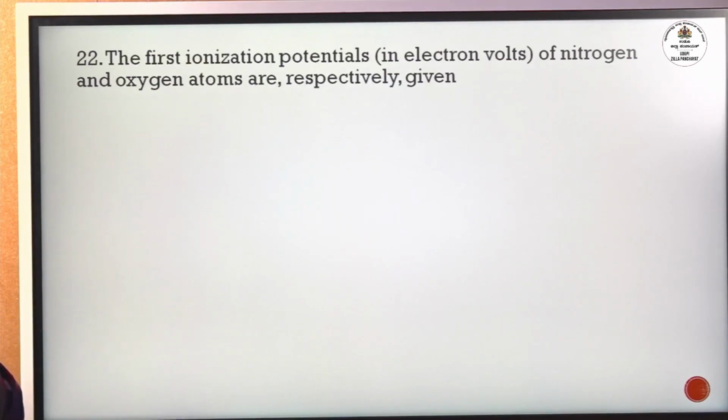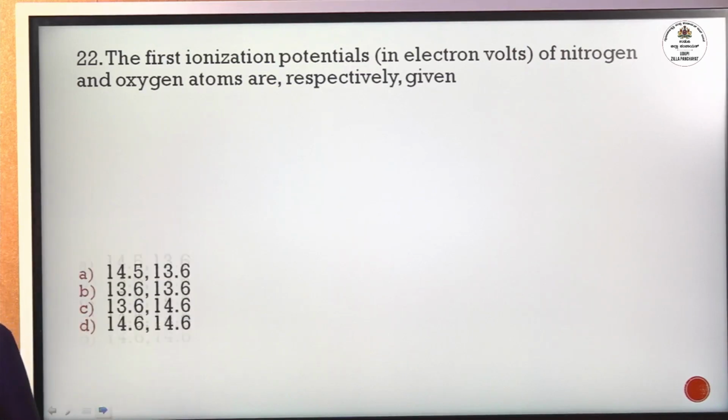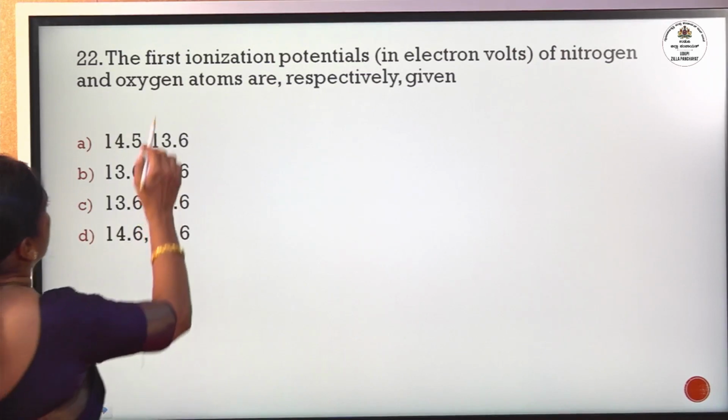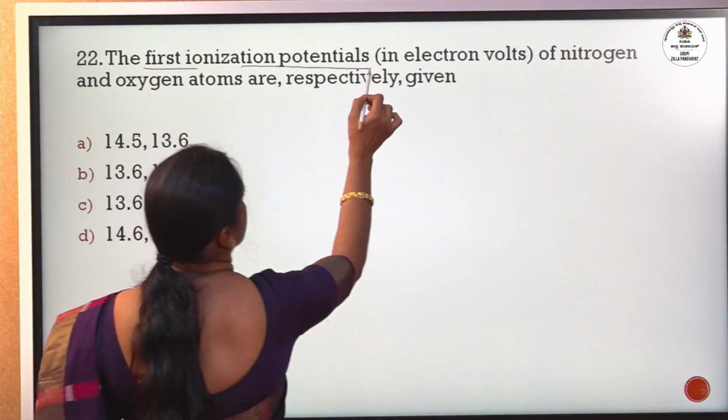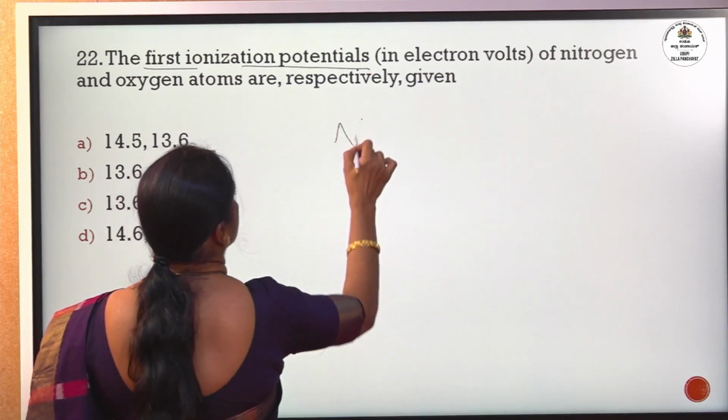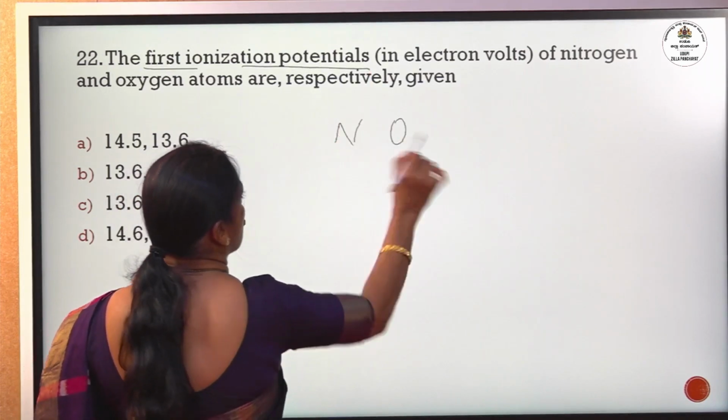Next question. The first ionization potentials of nitrogen and oxygen are respectively given. Some values are given. We'll just see the first ionization potential of nitrogen and oxygen, in this order.